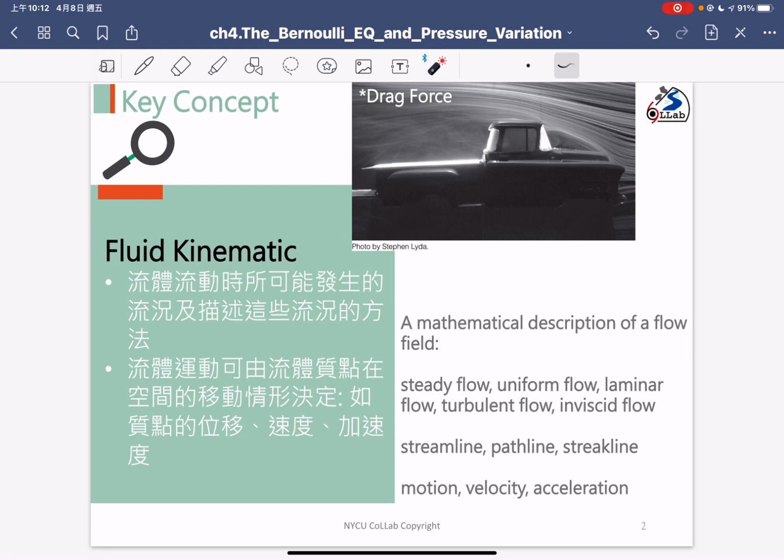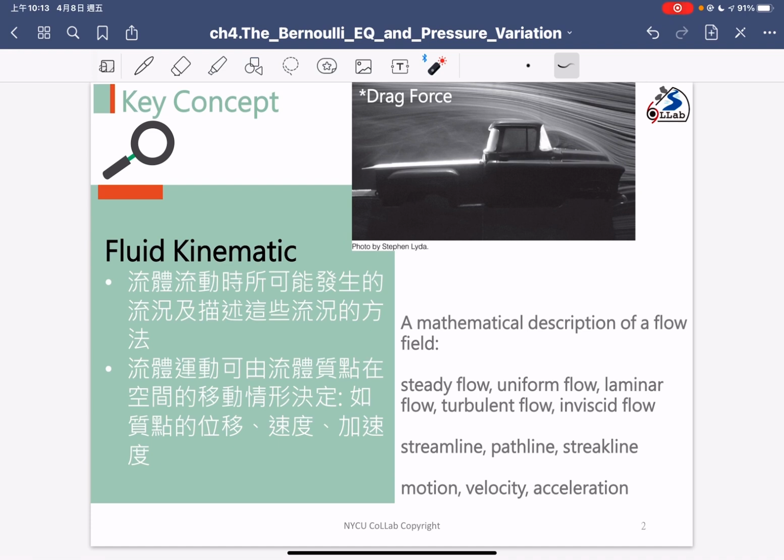Today I will describe all of the flow conditions shown here, and why I can say that the flow is steady state, or the flow velocity is uniform, or the flow is turbulent. I will provide the mathematical representation to describe the flow condition.